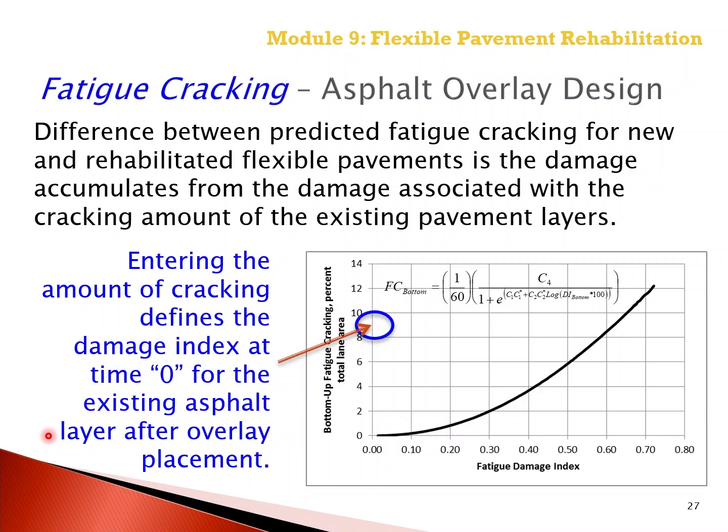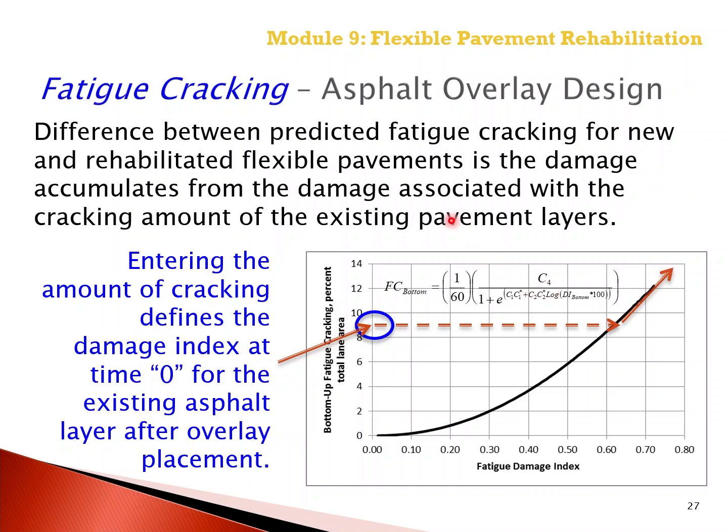So if we have, let's say, 9% total lane area of bottom-up fatigue cracking in an existing layer, that defines the damage index in our calibration curve to start for additional accumulation of damage index in that existing asphalt layer. And then the damage continues to accumulate after overlay placement in terms of the calibration relationship.